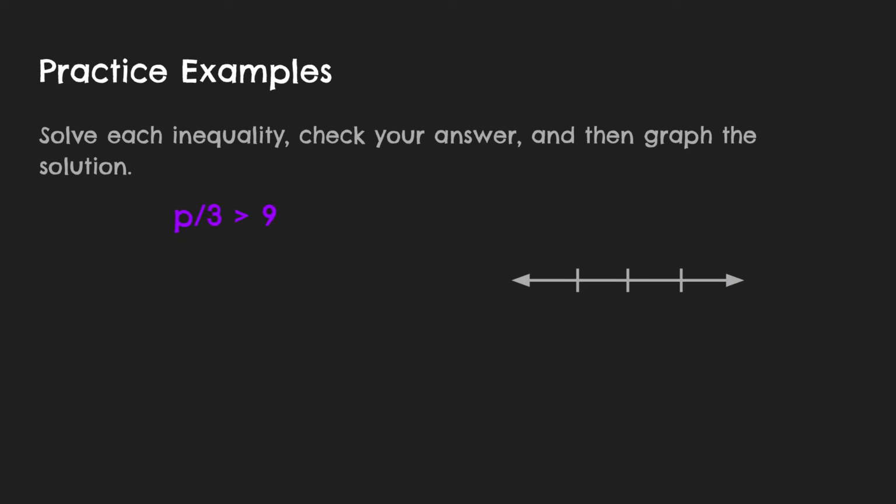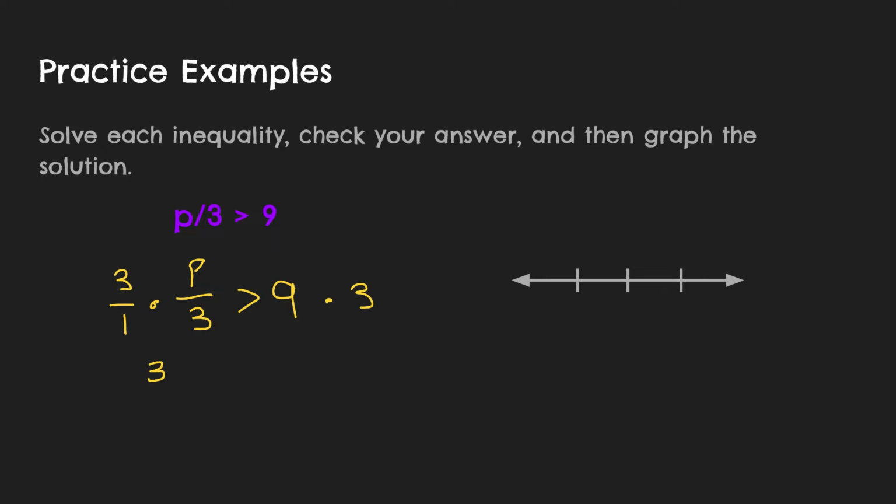All right. Couple more. So we have p divided by 3. So let's write this a little different. I would prefer to do it like this. P divided by 3 is greater than 9. So we're dividing by 3, so I'm going to multiply by 3 here. Over here, I'm just going to write it normal.